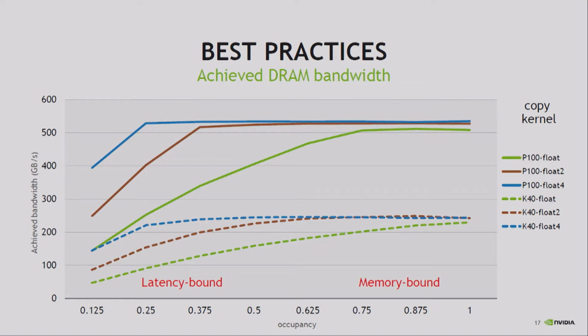However, when you see differences, if you just pick one particular occupancy factor, let's say 50%, then switching between loading a single 32-bit floating point or loading float2, for example, it's clearly better when you load more data per thread. So that's another point. So sometimes when you're increasing your occupancy, you might not see better performance, but you can get better performance when you do more work per thread or load more data per thread.